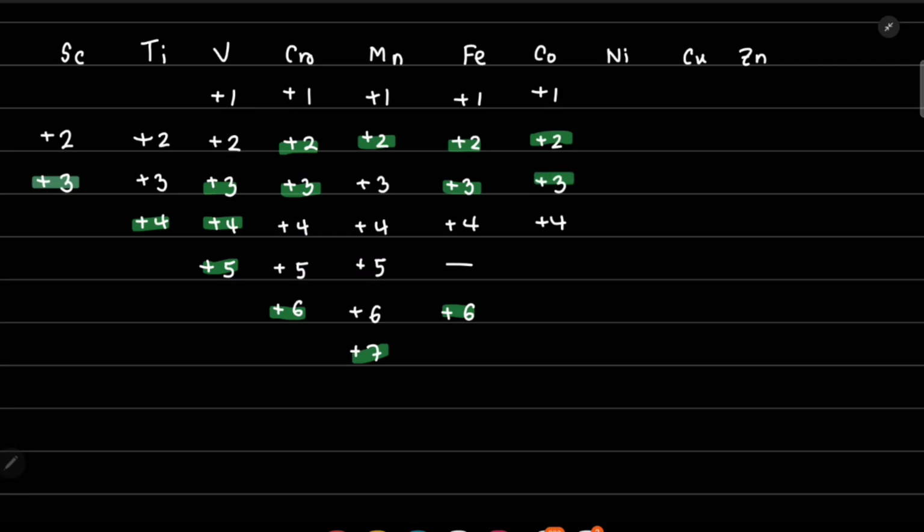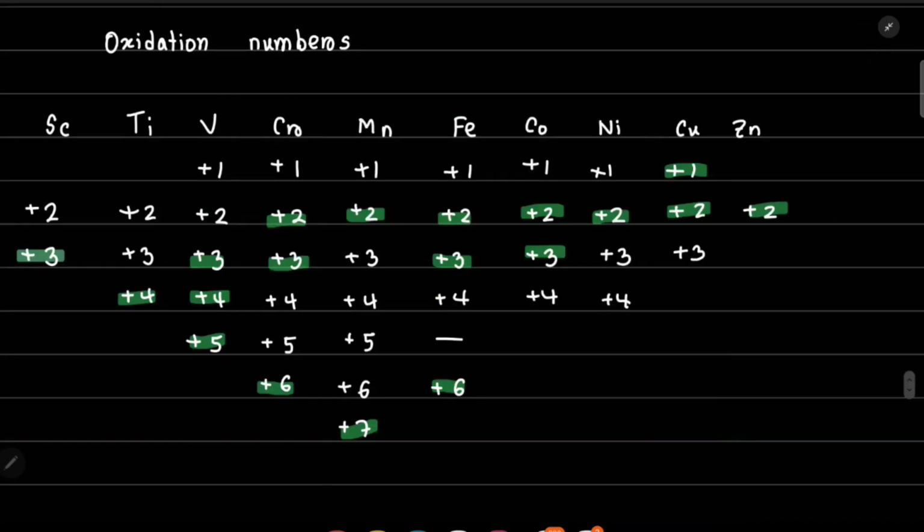For nickel, it's plus 1, plus 2, plus 3 and plus 4, of which only plus 2 is stable. For copper, plus 1, plus 2 and plus 3, only plus 2 is stable. And for zinc, we only have plus 2, which is stable. Copper 1 is stable as well. So this is the table of the possible oxidation numbers of d block elements.